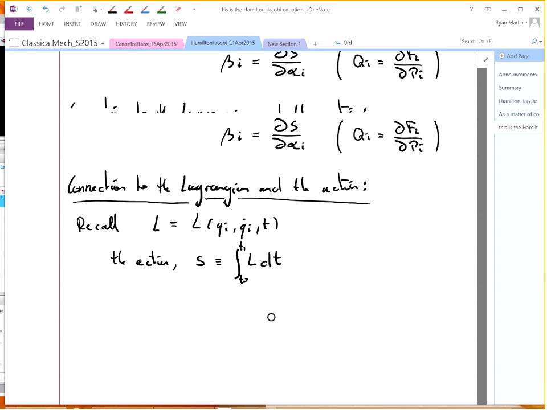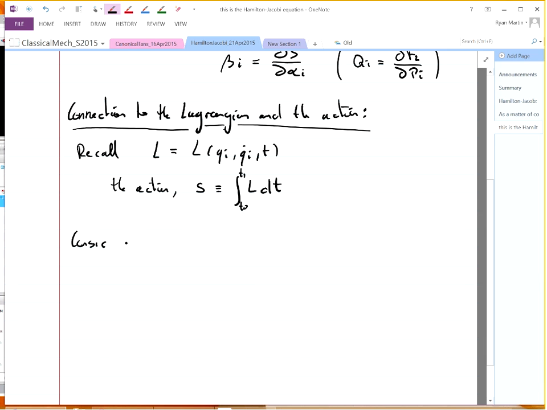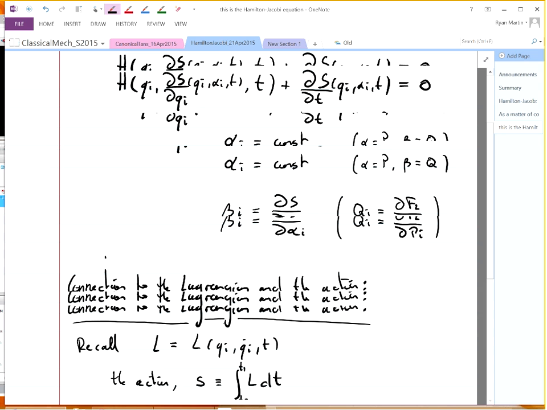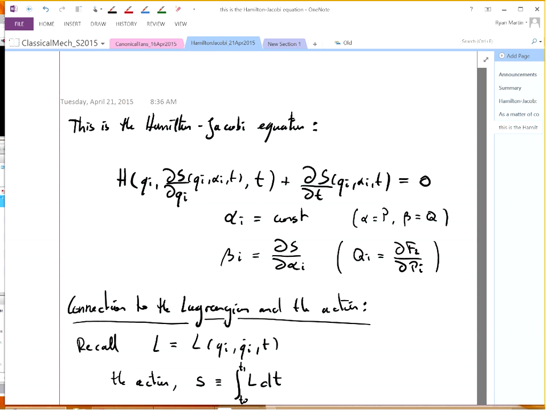So let's forget about that for now, and let's consider the total time derivative of the generating function. Well, I guess I forgot to tell you that the function S up here, which was the generating function, in this context we call it Hamilton's principal function.